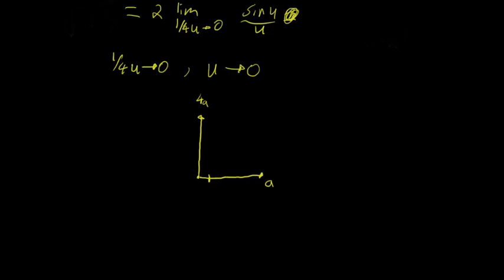You'll see for every unit a I move in the x direction, I move 4a in the y direction. So this should look more like a straight line here.